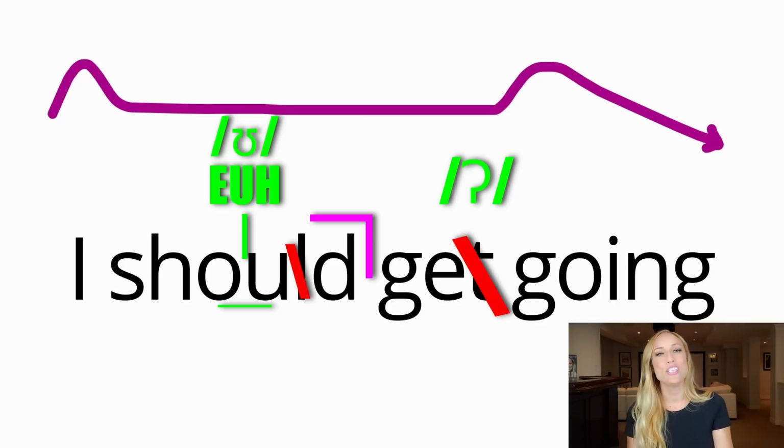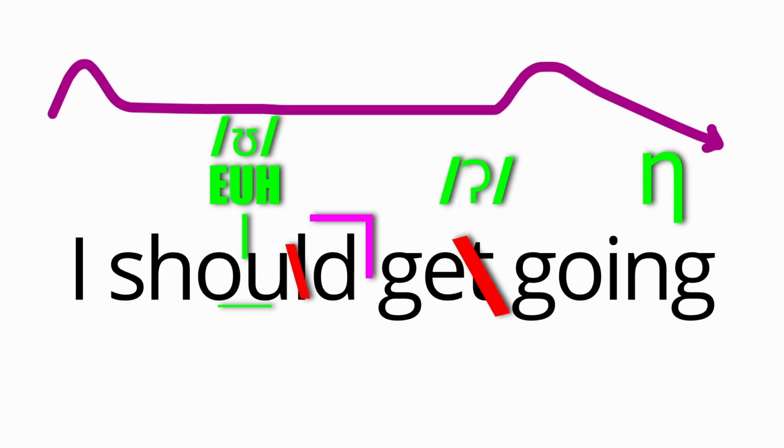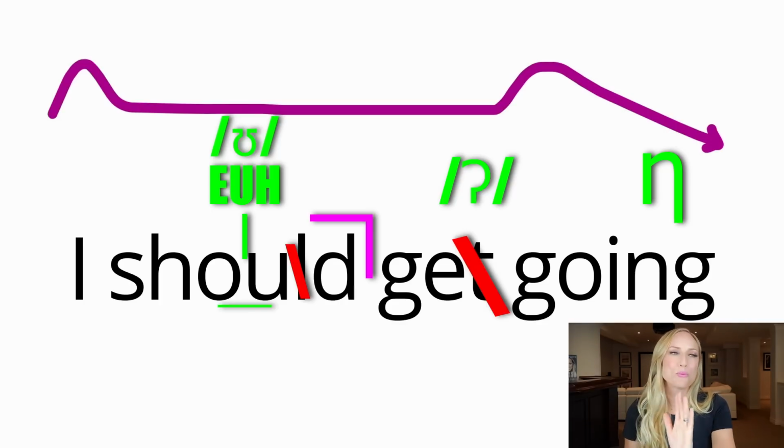The nasal NG sound in going is produced with the back of the tongue rather than an N with the tip of the tongue. The G is not pronounced. That NG is a completely individual sound. Practice for yourself to get really fluent and comfortable with this very typical ending in conversation.